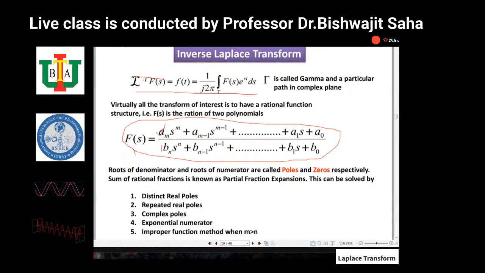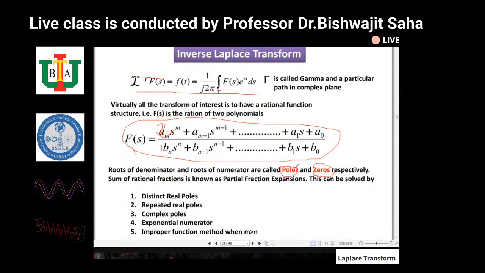Above the reference line are called zeros, and below the reference line are called poles. The roots of the denominator are called poles, and the roots of the numerator are called zeros.